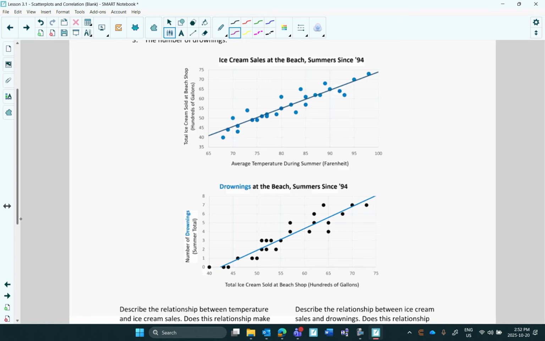That's something that we call a lurking variable, which means it's some other explanation. Yes, there's an association between them, but does one cause the other? Highly unlikely. There's probably some other variable that's the cause for it. Okay? So good to keep in mind.